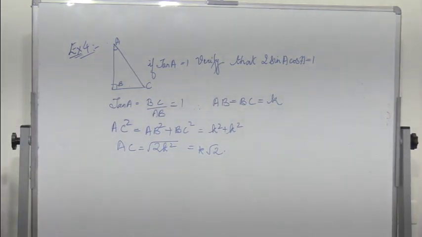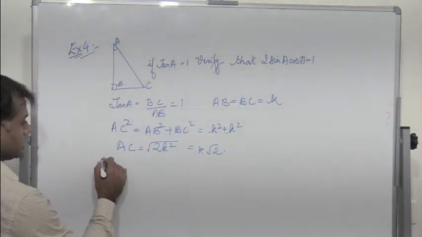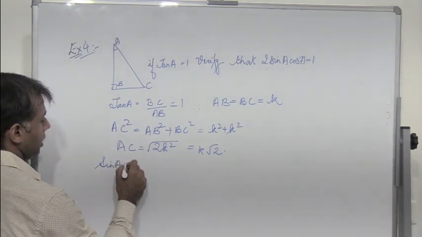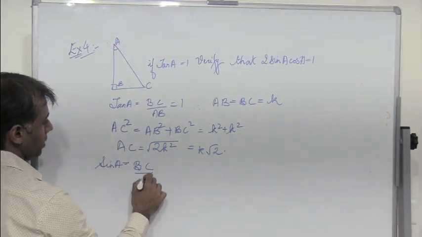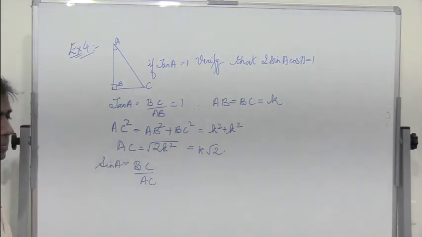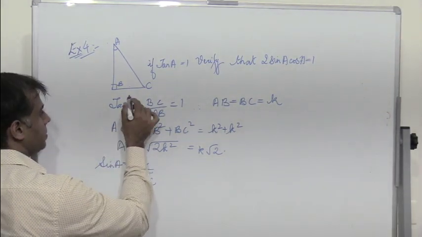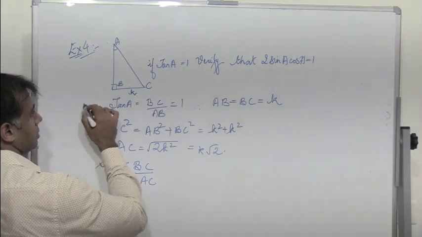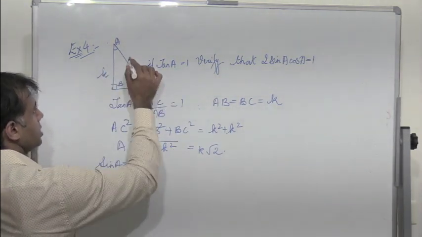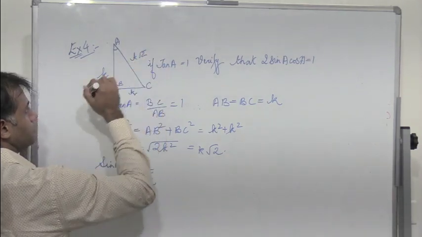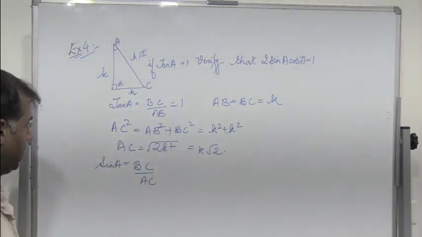So now let's get all the values here. What is sine A? Sine A is opposite side BC divided by the hypotenuse AC. BC is K, and AC is K into root 2, that is what we have calculated, right?